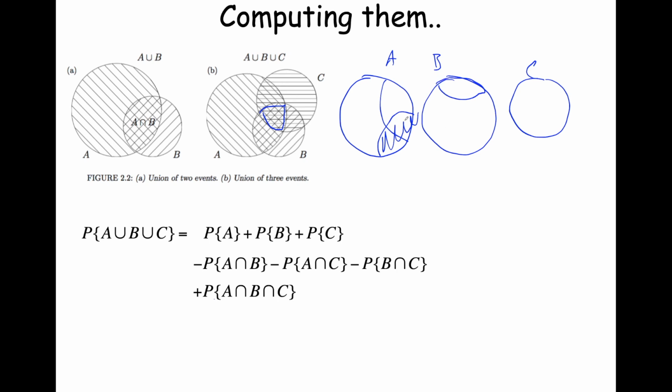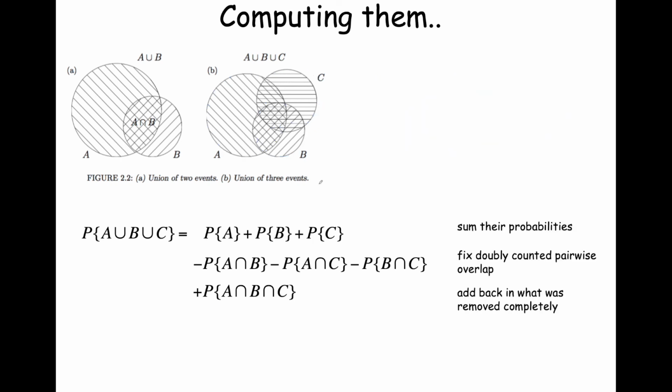And then we add back in another copy of that three-way intersect region. And I wish I had a piece of paper to demonstrate this. We end up with A union B union C, which is just all of this counted only one time for each one of these intersect regions.